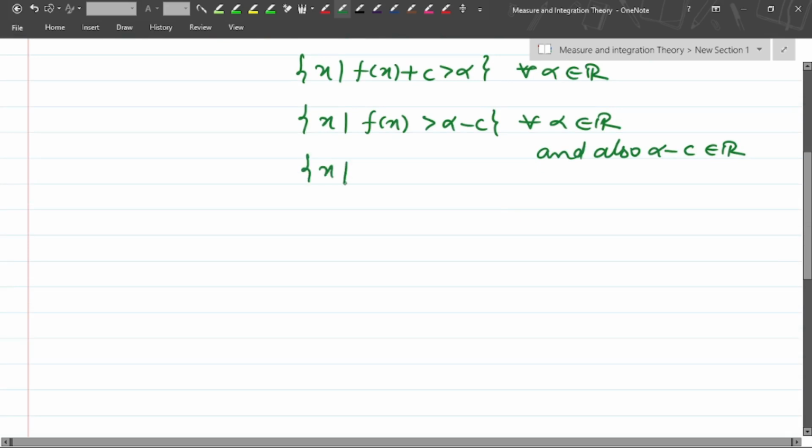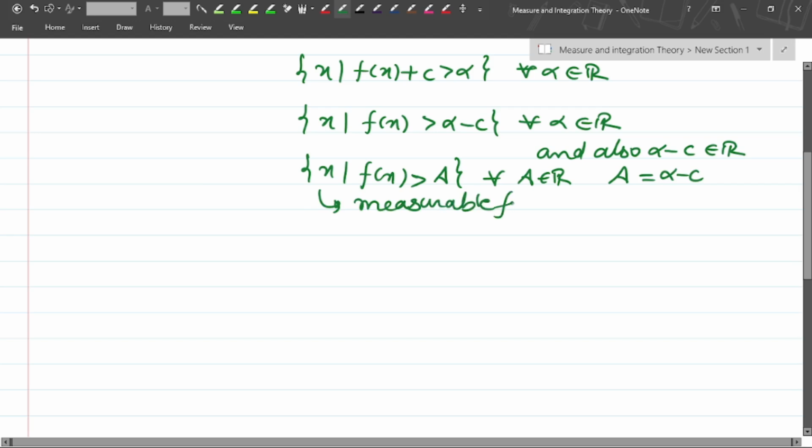So I just write it as greater than capital alpha for every capital alpha belonging to the real numbers, where capital alpha is alpha minus c. This is the measurable function, and it is equivalent to f of x plus c.